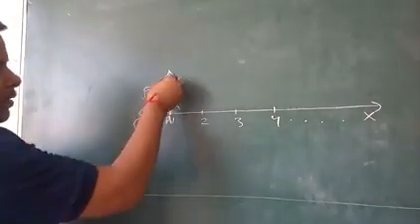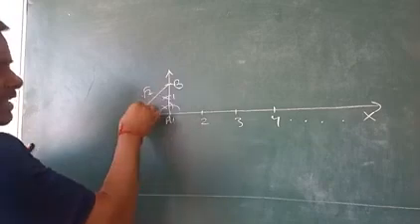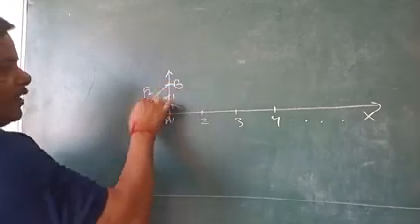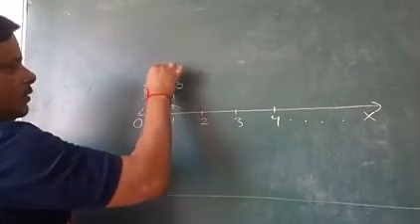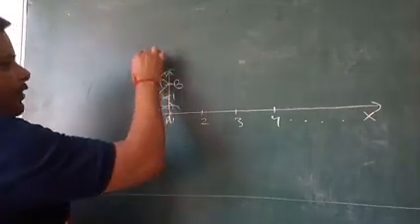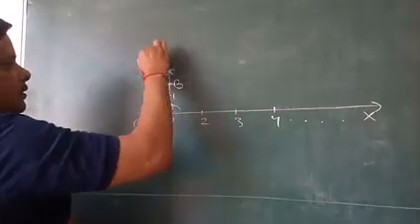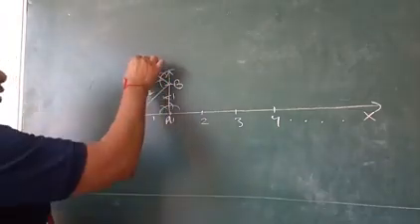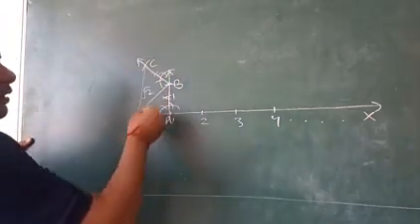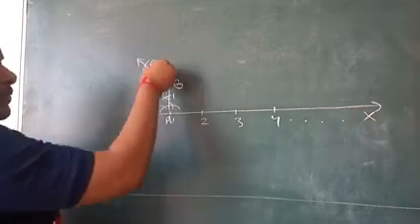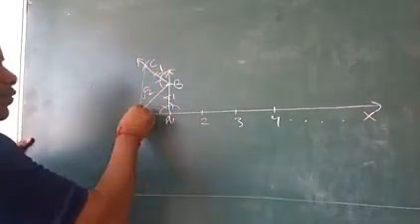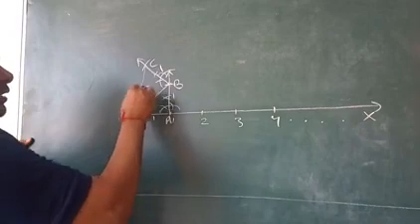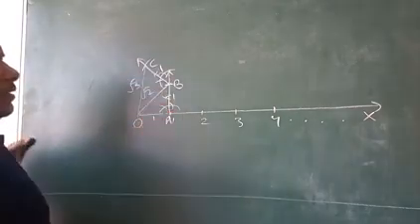Now taking OB as base, we will draw a perpendicular at OB of 1 unit distance, that is BC. Join OC. If OB is root 2 and BC is 1 unit, then by Pythagoras we can find the value of OC, that will be root 3.